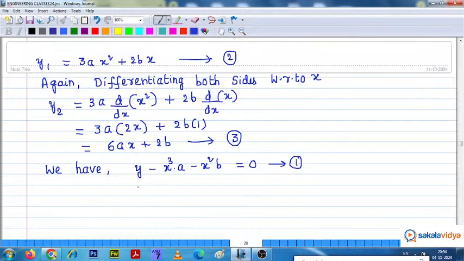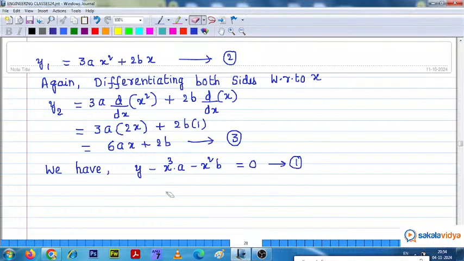Second equation can be written as y1 minus 3x square times a plus 2x times b equal to 0.